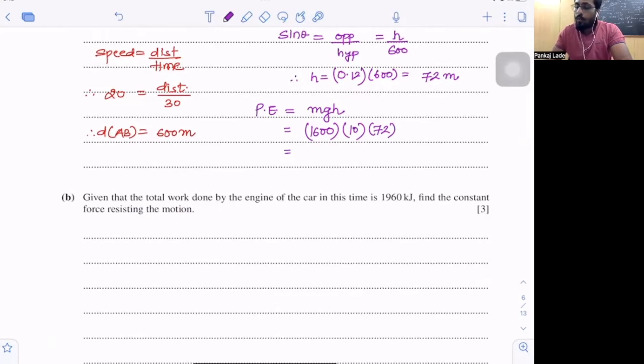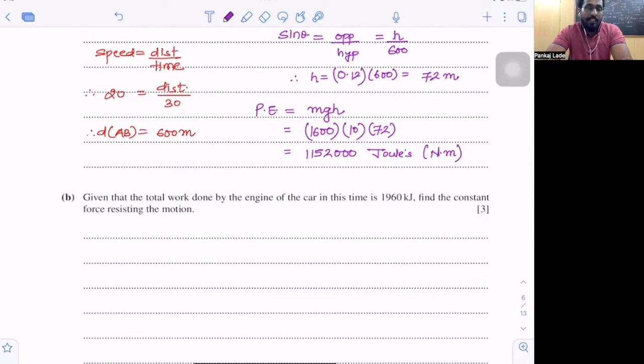So it's 1152000. That's 1152000 joules, right, students? Or you can say this is Newton meter, isn't it? So mass is kg, then g is meter per second square, and h is meter.